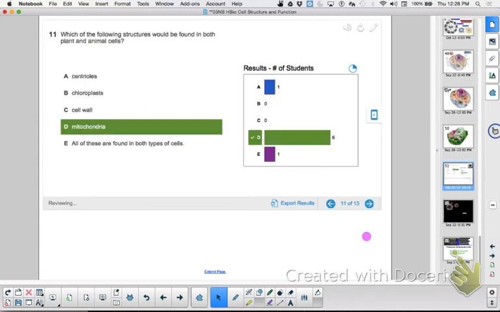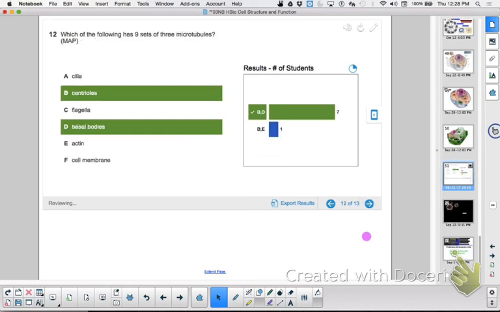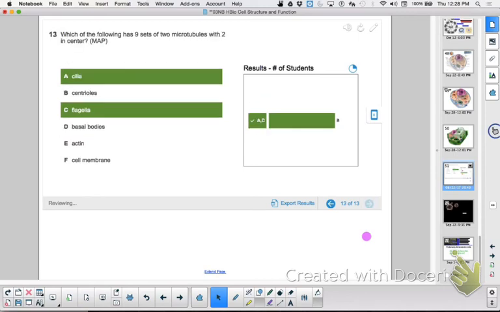Good job, you guys. Found in both plant and animal cells: mitochondria are found in both plant and animal cells. 9 sets of 3 microtubules are the centrioles and the basal bodies, and what do basal bodies anchor? Cilia and flagella. And number 13, 9 sets of 2 are cilia and flagella.